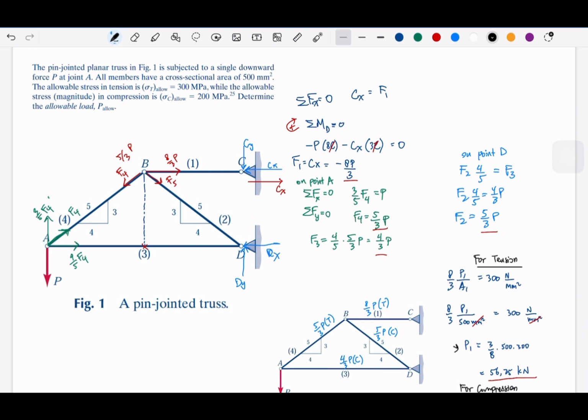First we take the sigma F, and then by looking at this diagram on bar one, you can see that we have the Cx and the tension or force at 1, F1, which is supposed to be in equilibrium with Dcx, which would be negative 80/3 when using the moment.